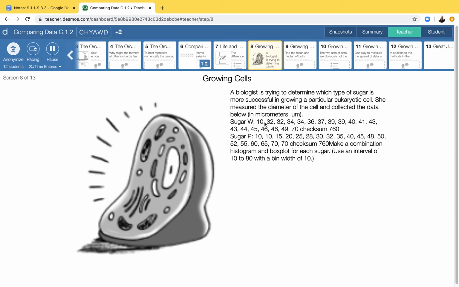We wouldn't want it to be a wide range of results. We would want that standard deviation to be a really small number. There might be some times when we would want variability to be higher, maybe like in some type of genetic work. But oftentimes we would want standard deviation to be small, and that would mean there's less variability. So I would be going with sugar W.